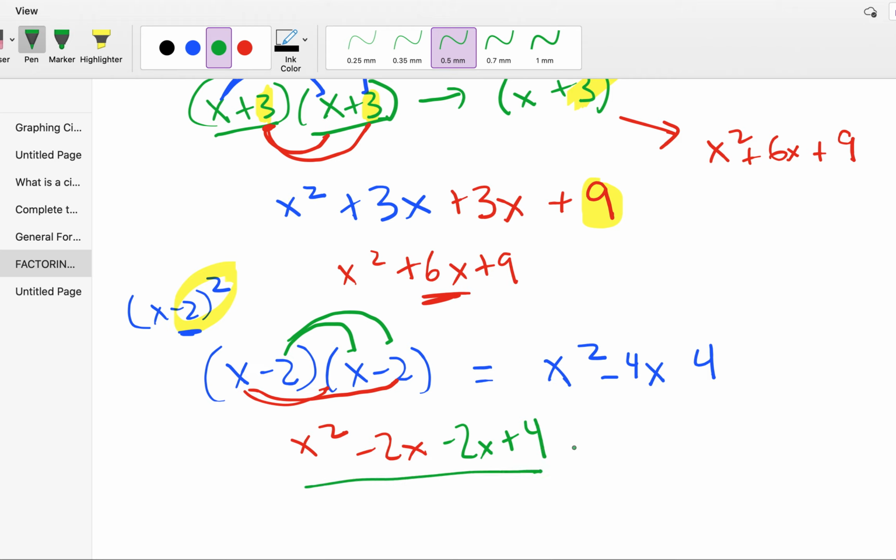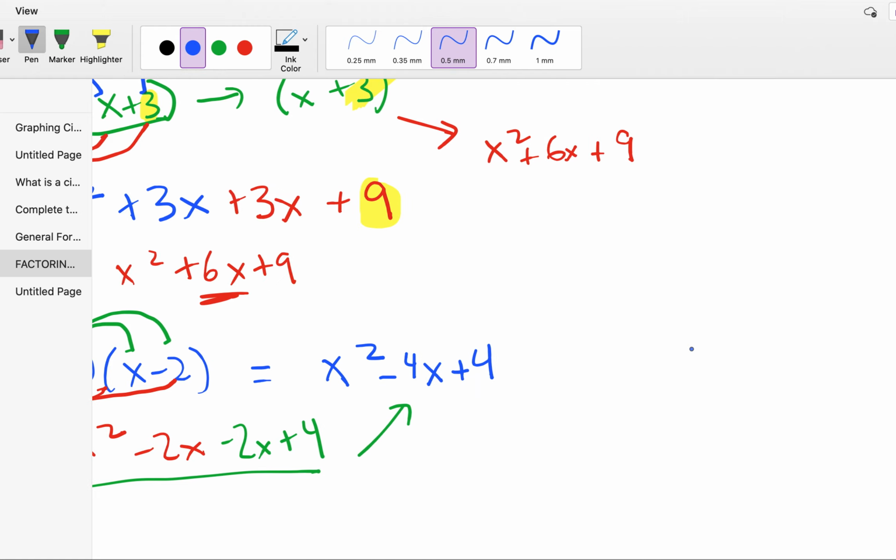So what we have here is the same thing we can find if we use the patterns we see in the previous two examples. So the reverse is true. I can take this and unpack it, right? If I want to turn this into a perfect square, I know it's going to be x times x to give us x squared.